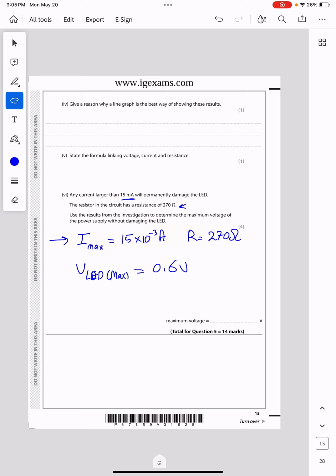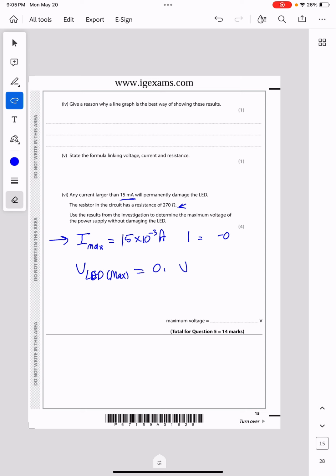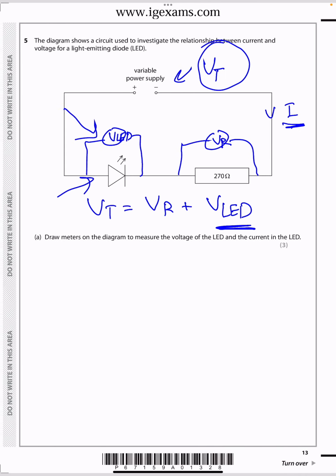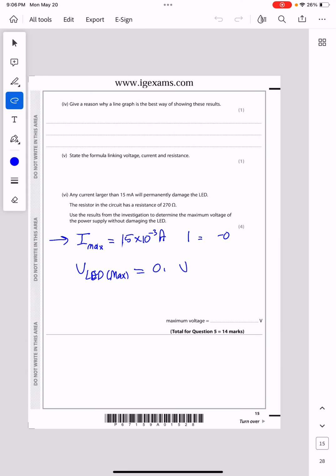But anyway, here we have the maximum voltage on the LED, and they're asking for the total voltage. So what do we miss at this point? We miss the VR, which is the maximum voltage on the resistor.